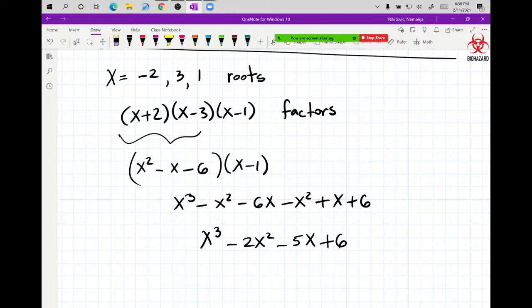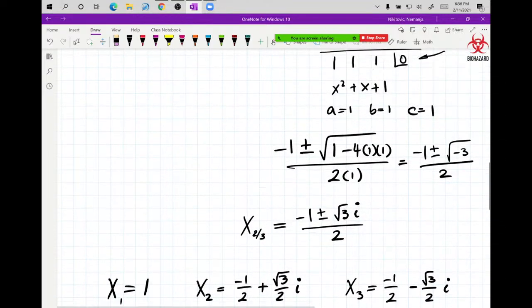Having a polynomial is great, but having factors is way better. And the goal of this lecture is to learn a method that sometimes works to deal with this.